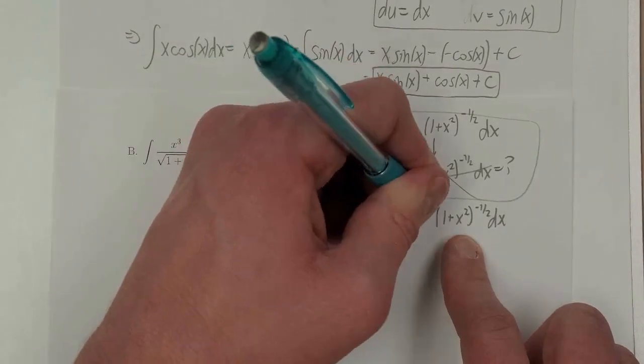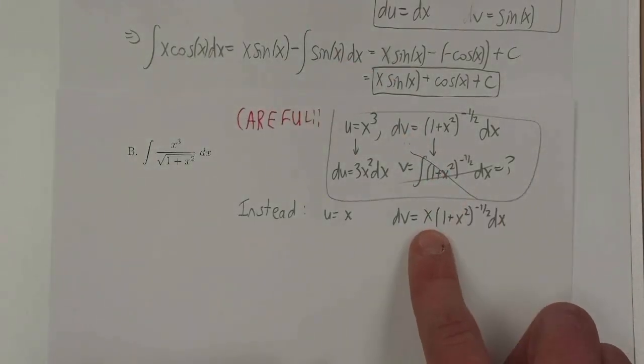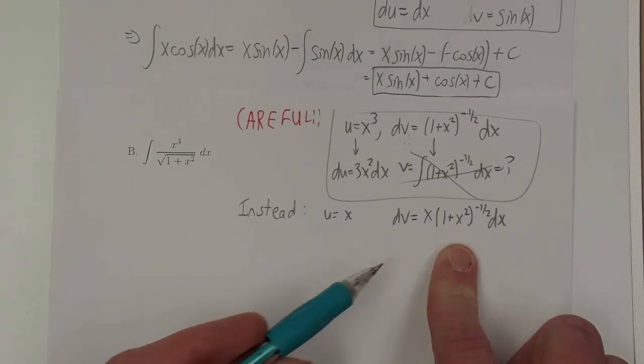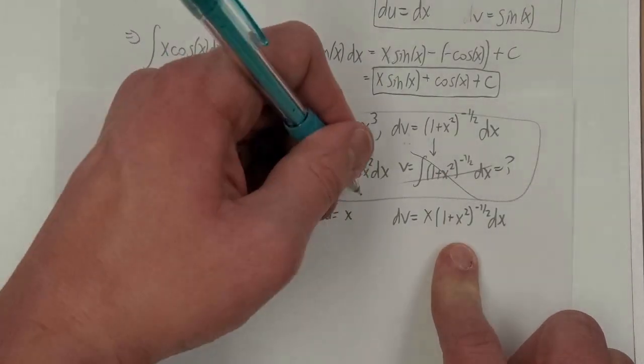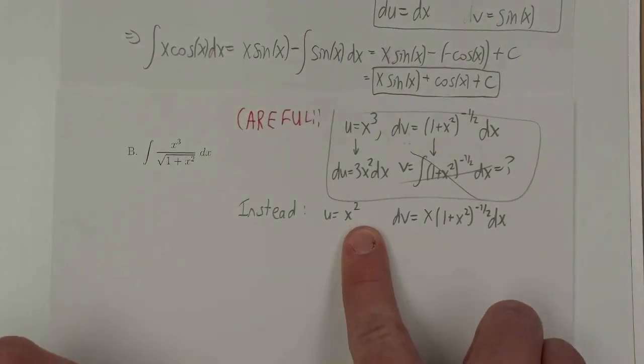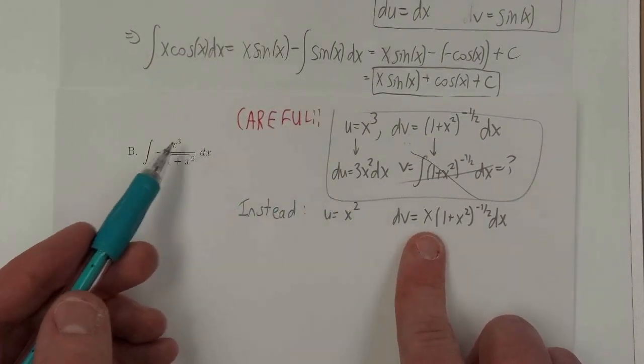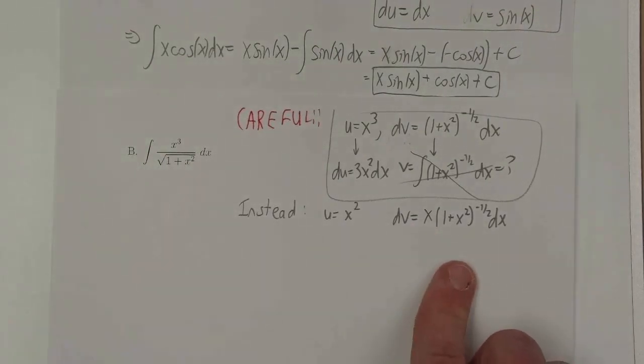Because if we multiply by x, we can integrate this with substitution, can't we? So in this case, let u equal x squared. We're basically just borrowing a factor of x from x cubed here to be able to integrate dv. That's all we're doing.